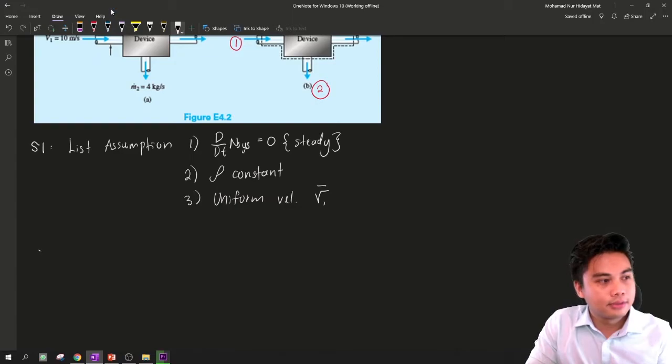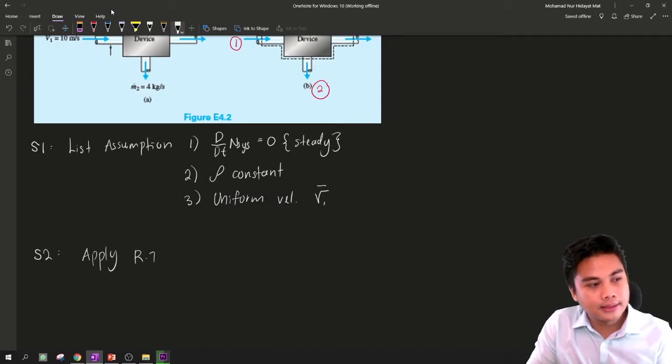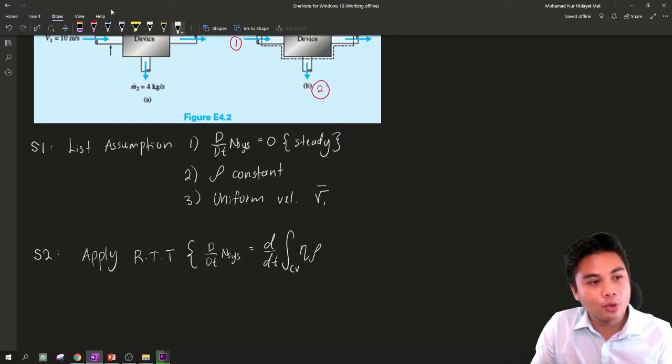Applying the Reynolds transport theorem, RTT, which is defined as capital D/dt of the system equal to the local derivative d/dt of the control volume, the intensive property rho dV, this is volume, plus the integral of the control surface, intensive property rho v dot n vector dA.